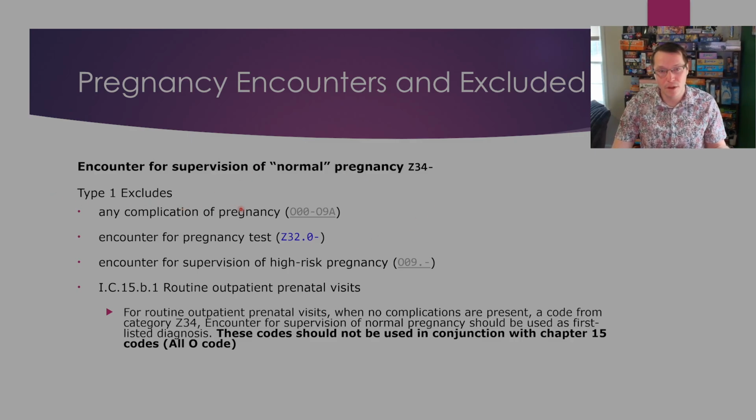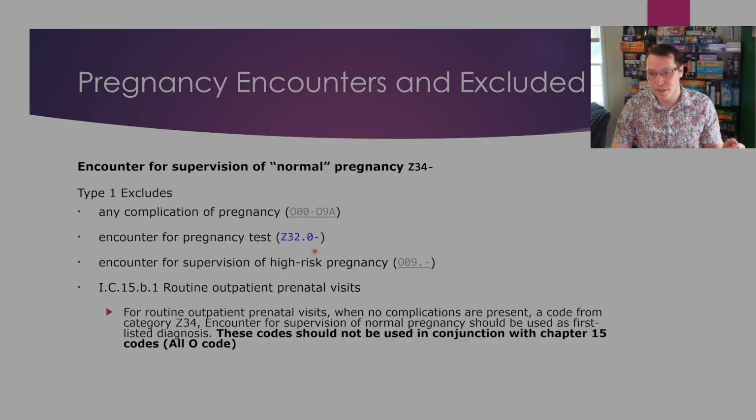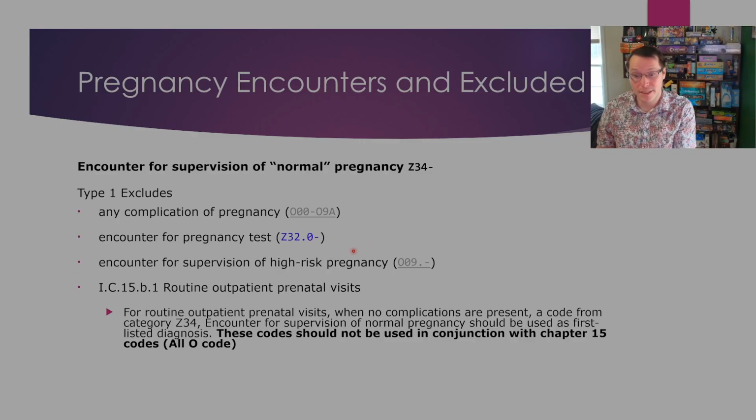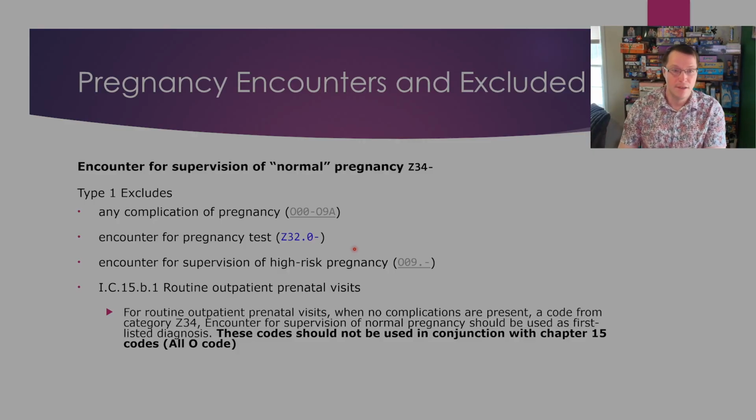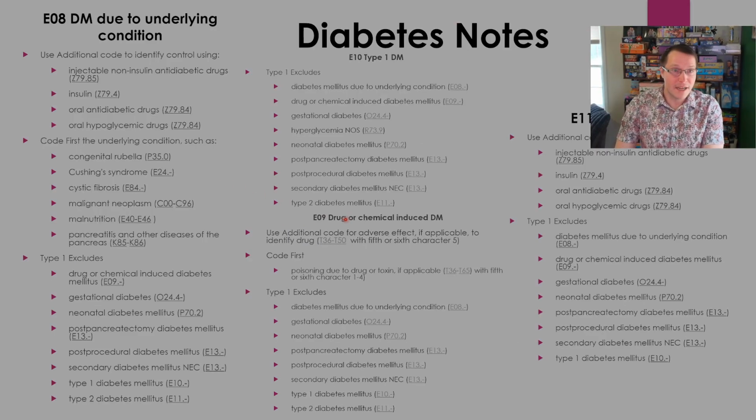So the patient will have either an O or a Z34 pregnancy code on just their office visits, and then the 81025, that's the pregnancy test code, will only have a Z32 code on it, saying that the patient is pregnant. So that's how excluded diagnoses work and how they have to be split off. So that's what we're looking at here.